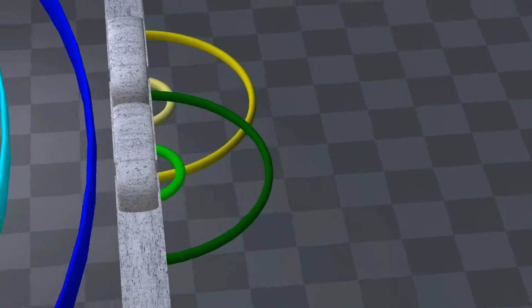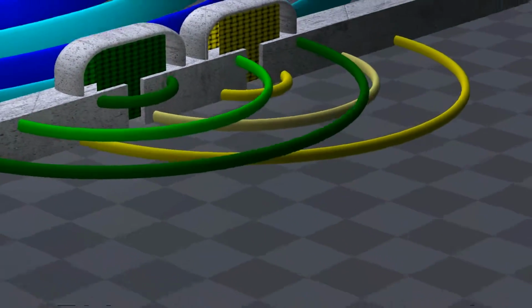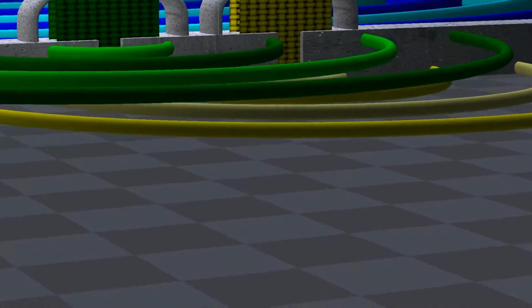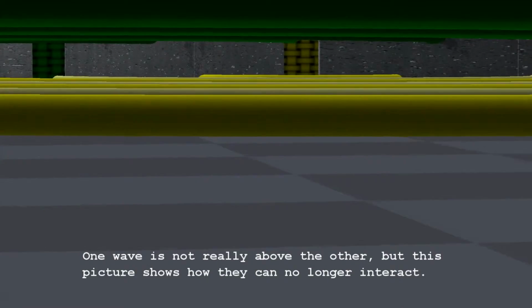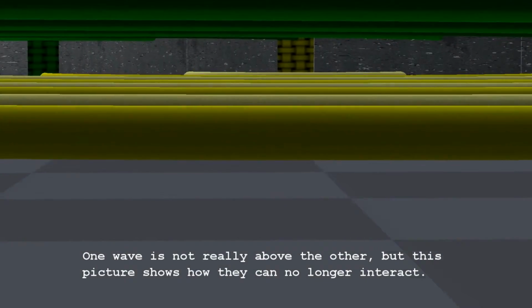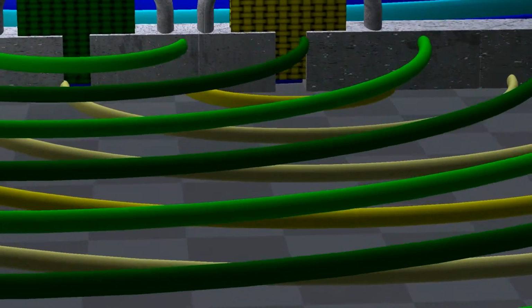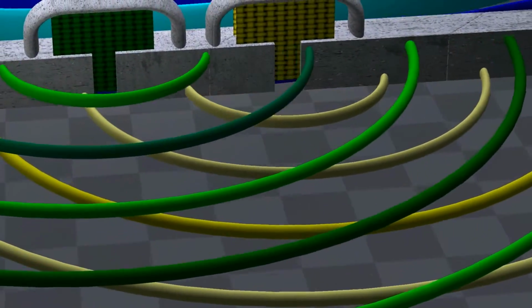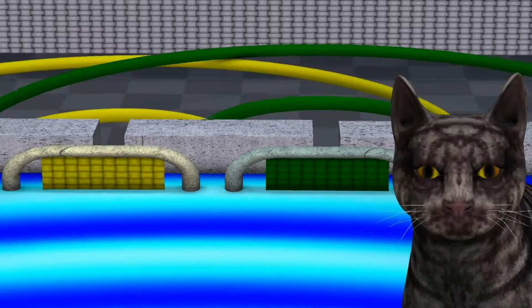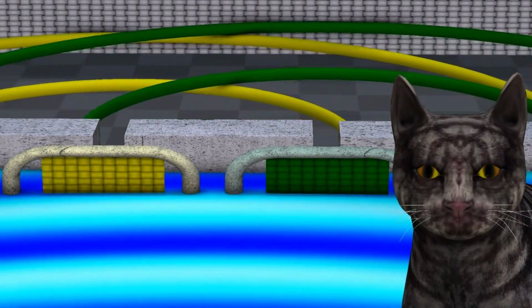When waves pass through a detector, the waves are altered so that they can no longer interact with one another. This means that the striped pattern will disappear even if we are not watching it. The detectors will cause this to happen on their own.